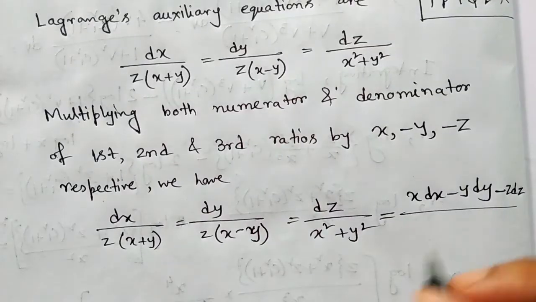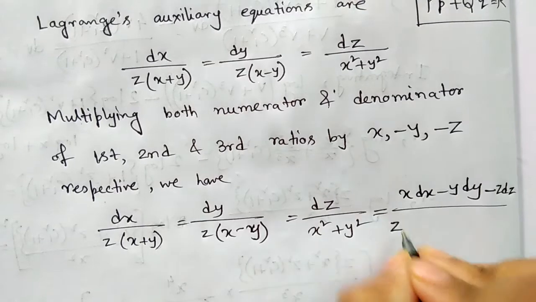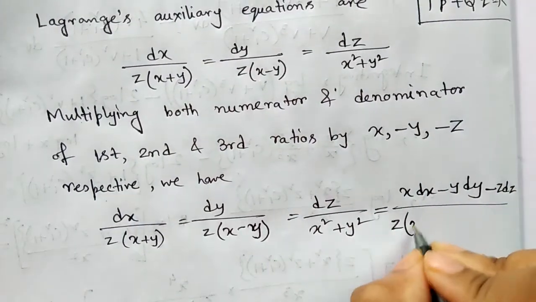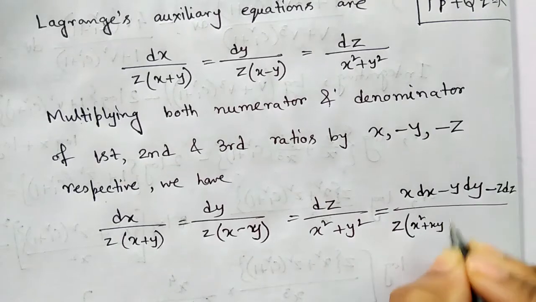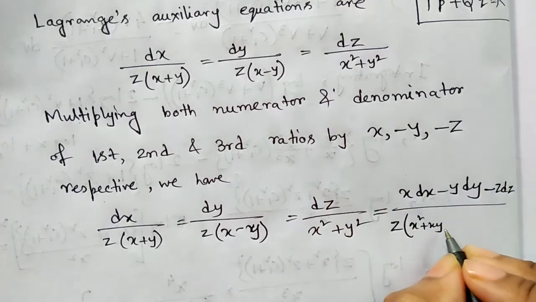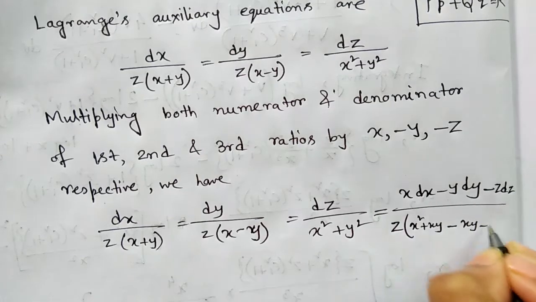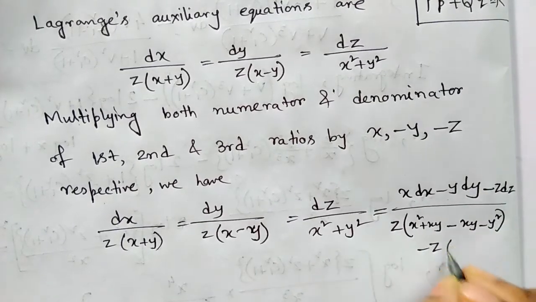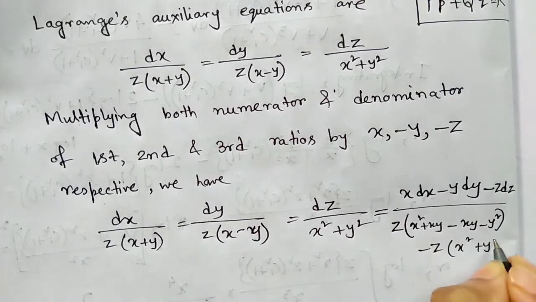Now the denominator: x into this, so x² + xy, minus y into this, that is minus xy minus y², now minus z into this, minus z into (x² + y²).